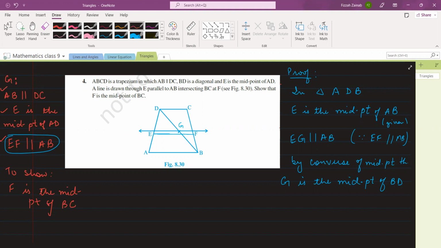Now look here, what exactly do I have to show? I have to show that F is the midpoint, right? That means this F is the midpoint. So in this triangle, again, I can use the converse, right? To use the converse, I need 2 things. The first thing, that G is the midpoint of one side, I have already got, correct? Now I need GF parallel to CD to use the converse. How can I use it?